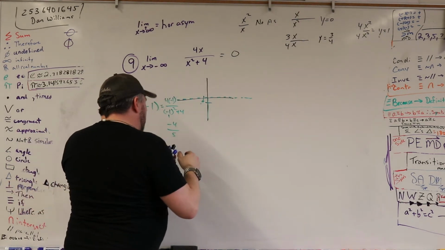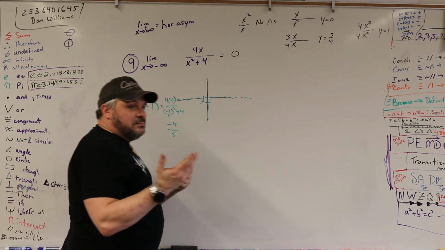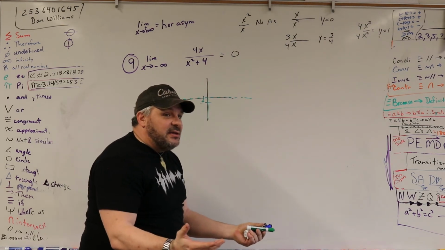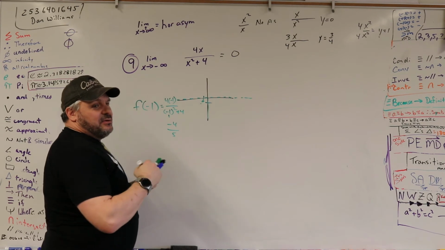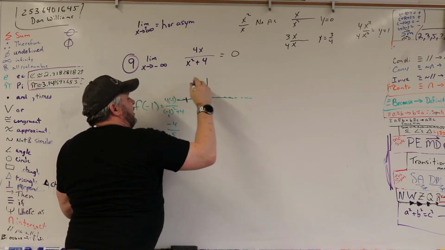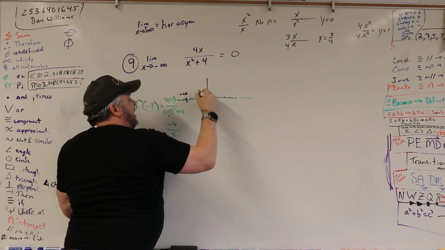So let's go to negative 2, or we could jump to negative 10. Let's see how close it gets. We're going way out here to negative 10, and this is negative 1.